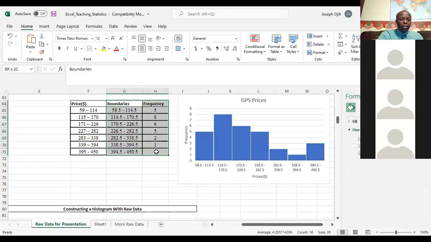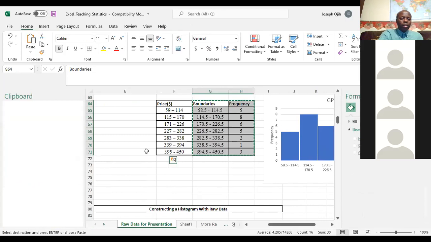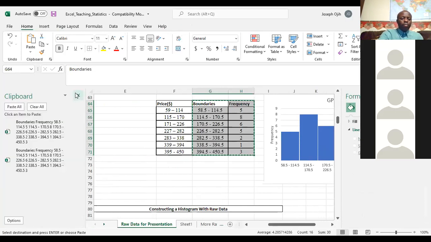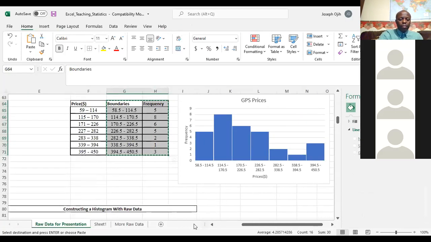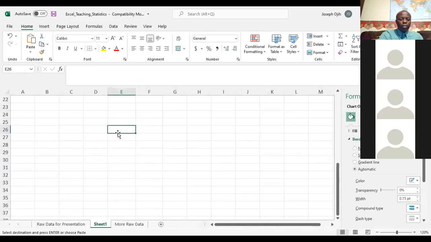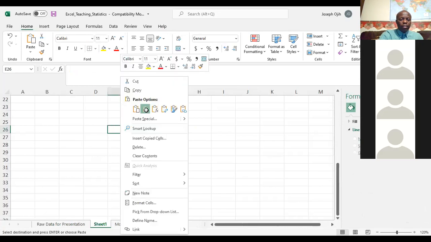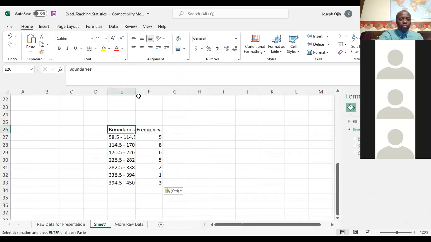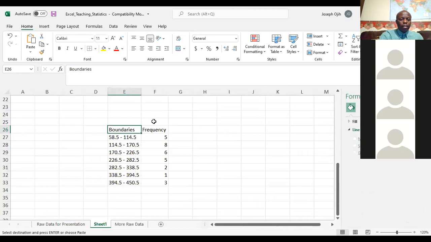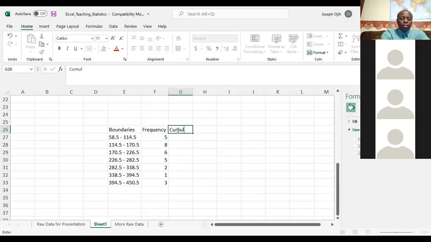I'm going to place them here in the other workbook, the boundaries and the frequency. Let's get the cumulative frequency first.